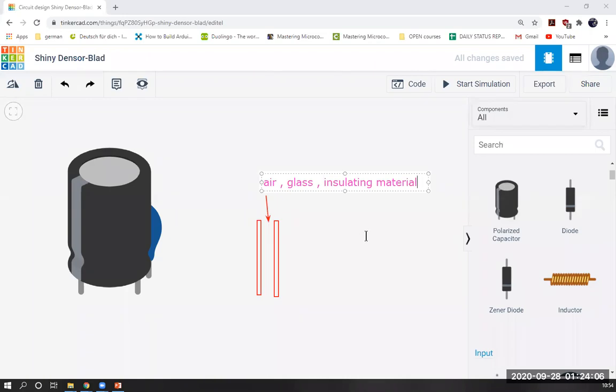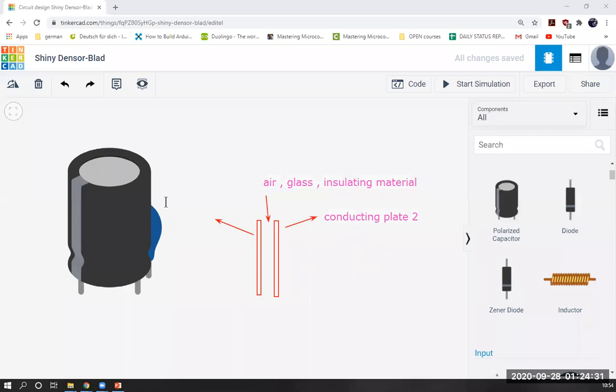So this is plate 1. Let me type it over here. This is a conducting plate.